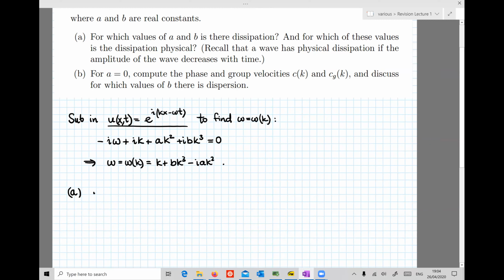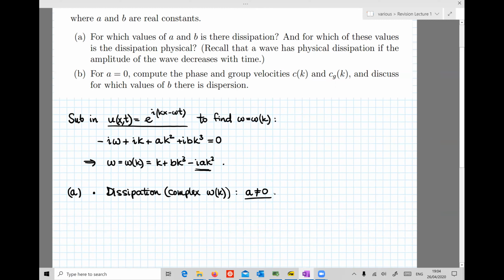Let me write this down: dissipation occurs when omega of k is complex. Since the parameters a and b are real, this will occur when a is non-zero, so that omega has an imaginary part.